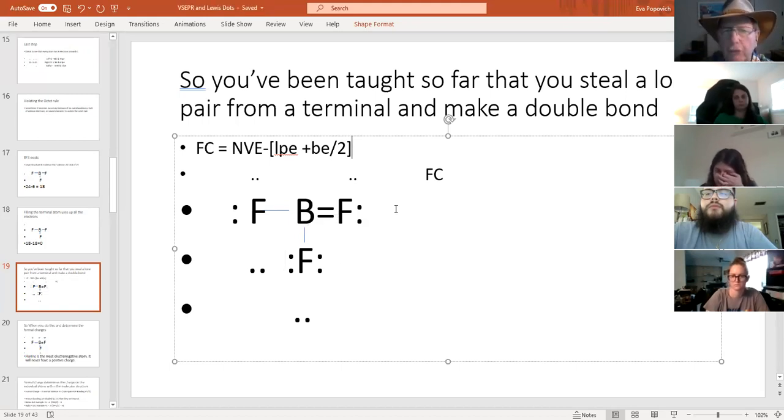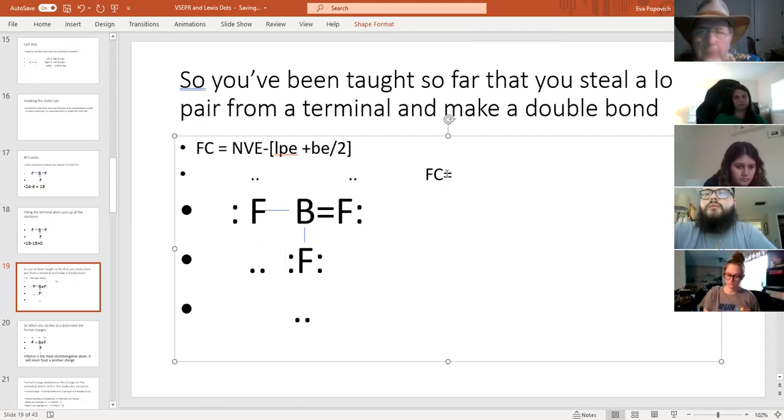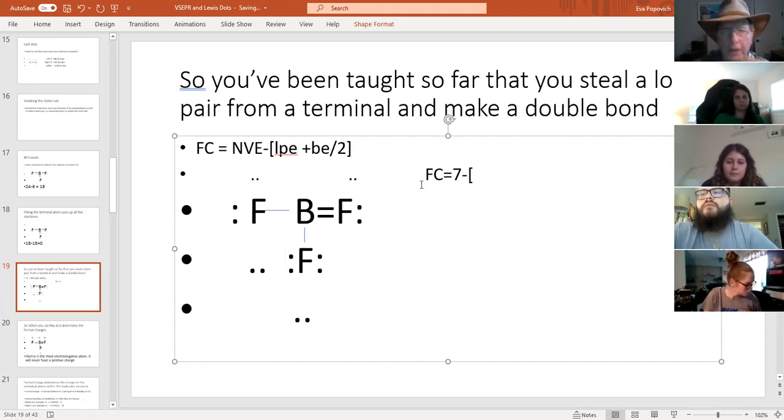So if I'm going to do that, and I'm looking at that fluorine, fluorine has how many normal valence electrons, as if it's just an atom? 7. So it's 7 minus, okay.